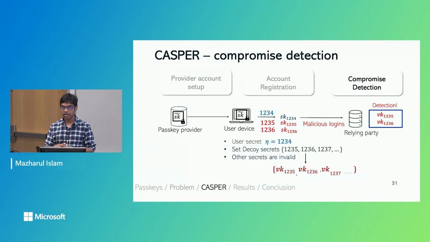And with high probability, they are going to step onto one of these decoy secrets. And if they do, then the relying party would be able to see that the login request corresponds to a decoy verification key, and would be able to tell that it's a leaked passkey that the attacker is using to compromise the user's account.